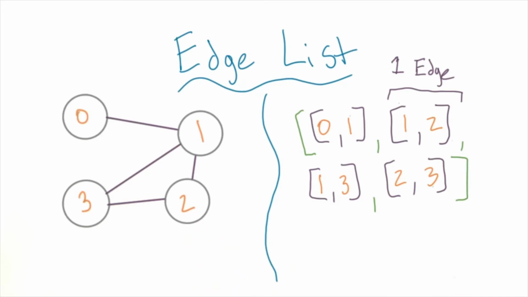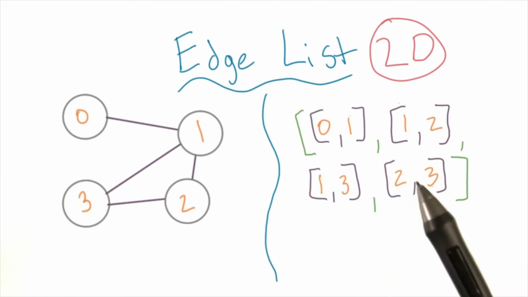So, in the end, this list is just showing two nodes that have an edge between them, and an edge list is the list that encompasses all the smaller lists. Because our edge list contains a list of other lists, it's sometimes called a two-dimensional list or 2D list. If you had a list of lists of lists, that would be called a 3D list, and so on.